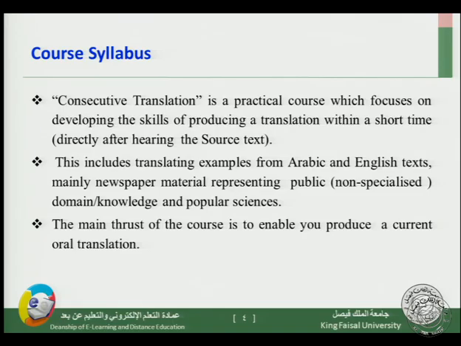The main objective, the main thrust, as we say, behind this course is to enable you, to help you produce a current oral translation. Oral means verbal. So this is the course syllabus, an idea about it.